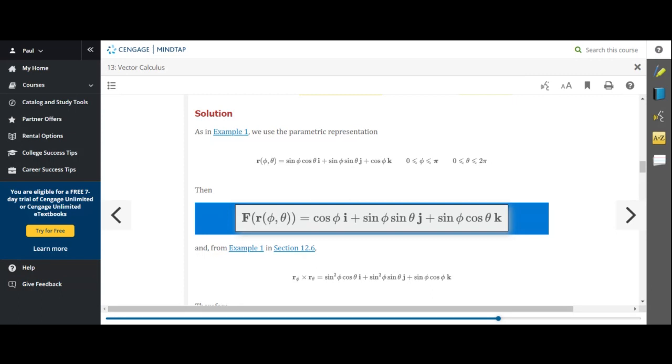The j component was equal to y, so you have a sine phi sine theta there, and the k component was equal to x, so you have a sine phi cosine theta there. So far, are there any questions?